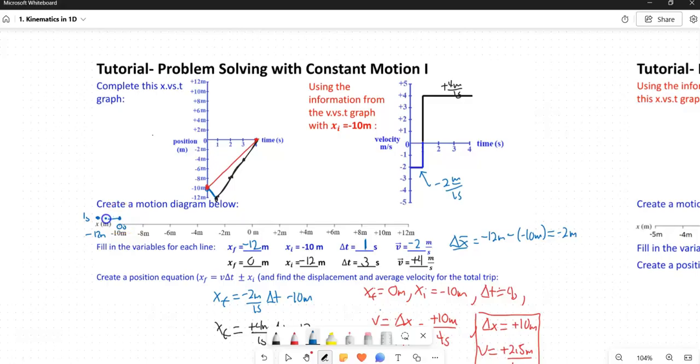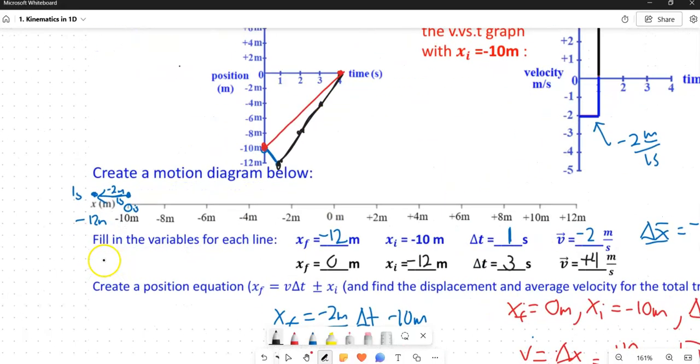So this is the velocity for the first part: negative 2 meters per 1 second. Feel free to write really small if you need to. And then starting out at the 1 second mark, it's going to end at 0 at the 4 second mark.